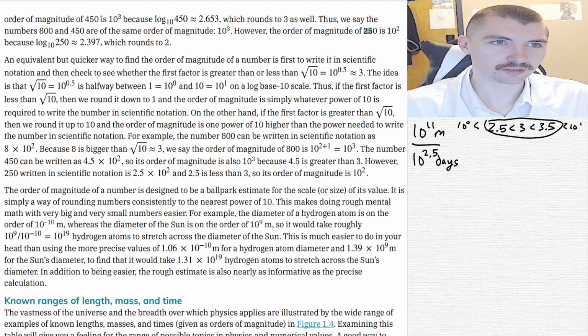Okay. First factor is greater than square root of 10. It's greater than square root of 10. We round up to 10.